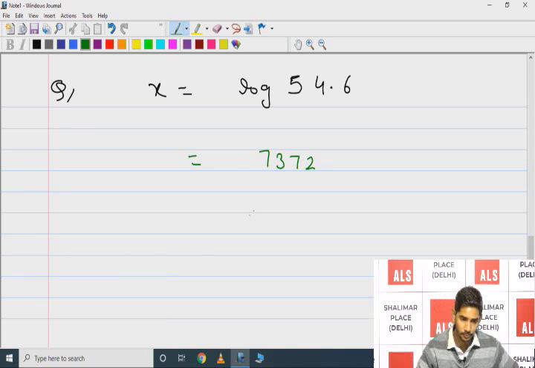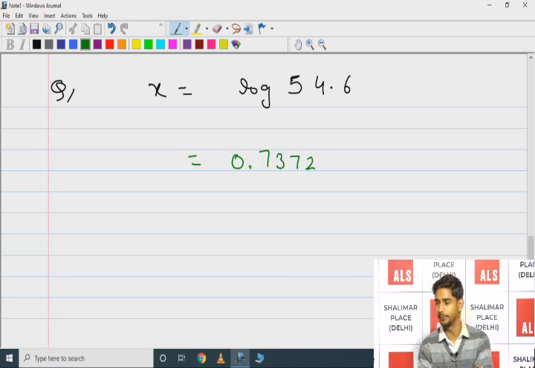I think I must put a decimal as well here. So this should be 0.7372. Okay. What is the next answer? See, I haven't solved this question.